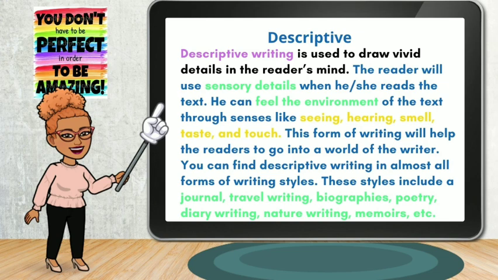This form of writing will help the readers to go into a world of the writer. You can find descriptive writing in almost all forms of writing styles. These styles include a journal, travel writing, biographies, poetry, diary writing, nature writing, memoirs, etc.